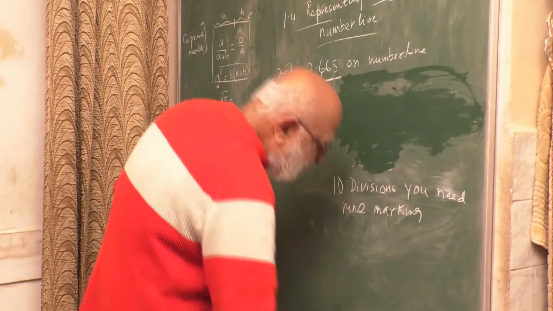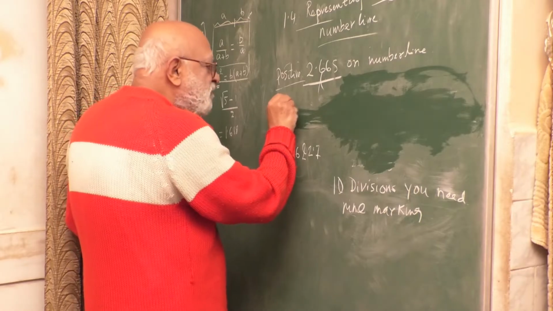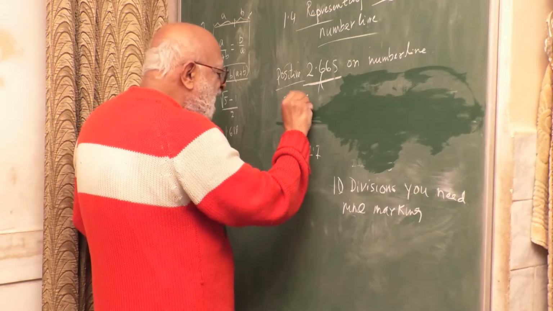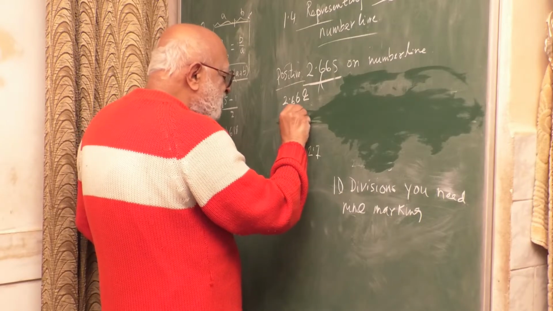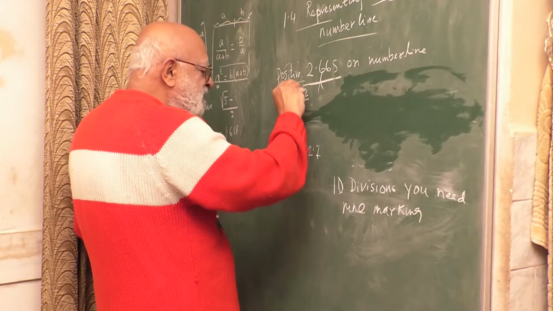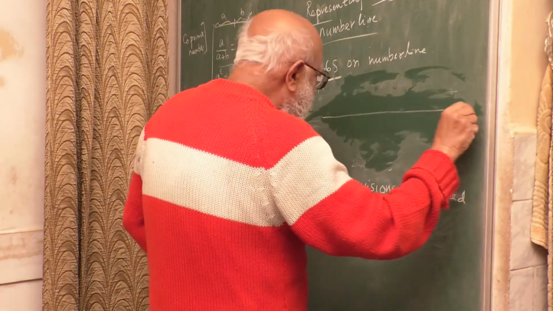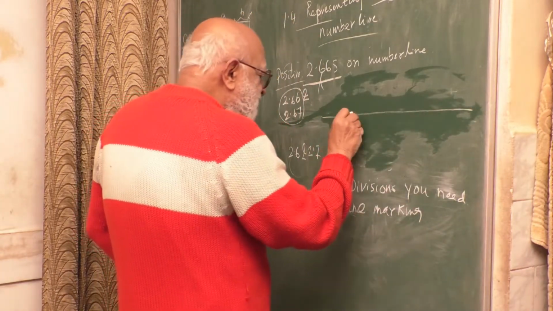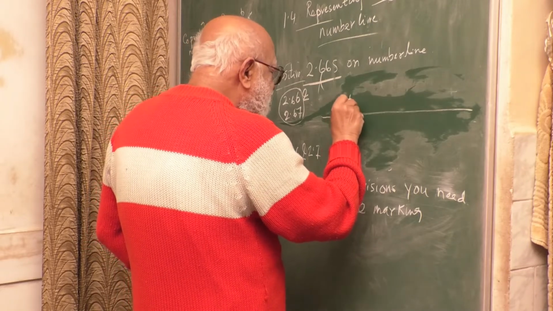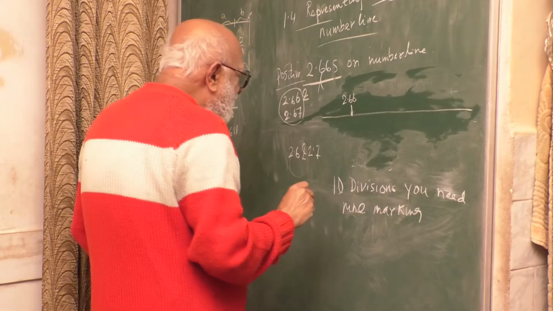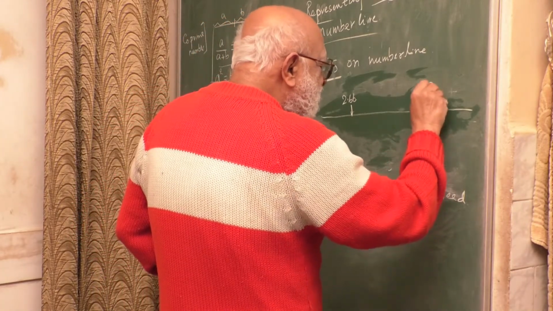So now what I am going to take up, I had between 2.66 and 2.67. So this division, I am going to magnify. On this point, the starting point now will be 2.66, and then this one will be 2.67.